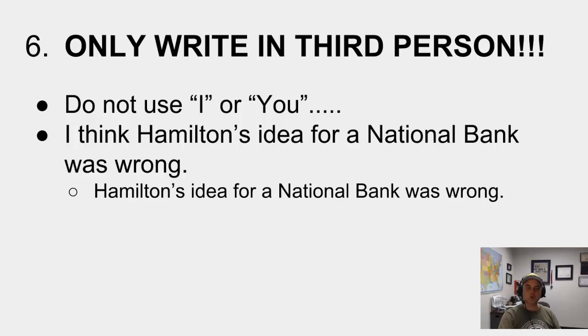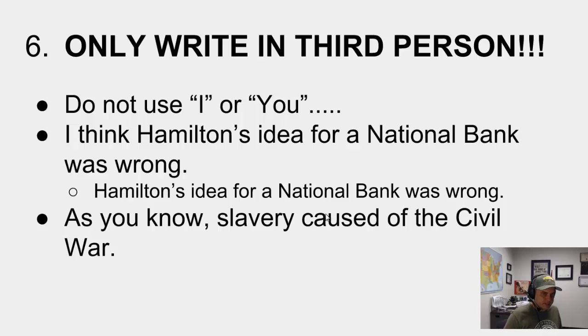And so I'm not arguing with you. I'm going to argue with the facts and the evidence that need to follow this sentence. Now, I might disagree with the assertion right here at first, but maybe your evidence will convince me that indeed Hamilton was wrong. I thought he was right all this time, but your evidence helped me realize that he was indeed wrong in coming up with that idea.